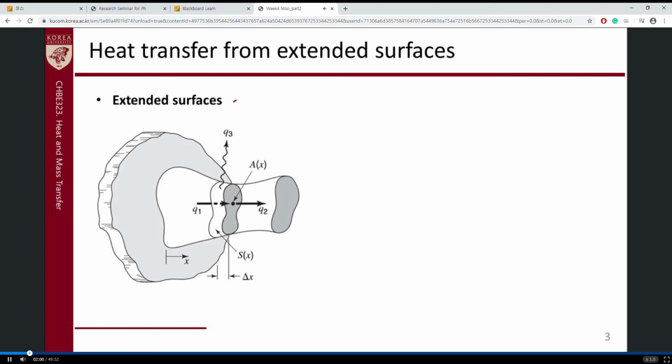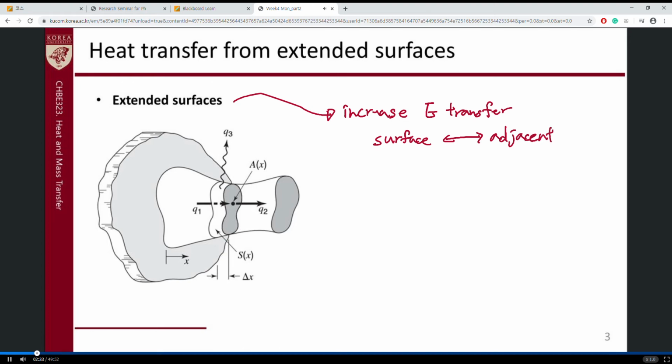The purpose of studying the extended surface is that we use it because we want to increase heat energy transfer between the surface and the neighboring fluid, the background fluid, right?